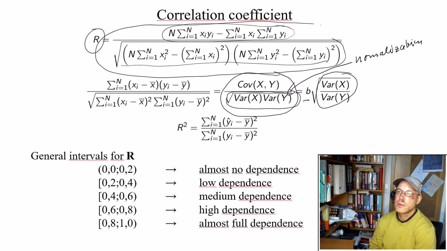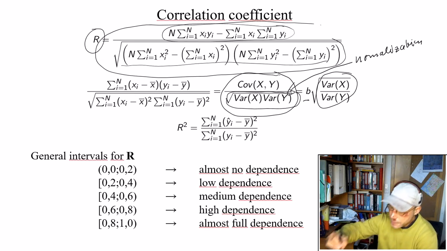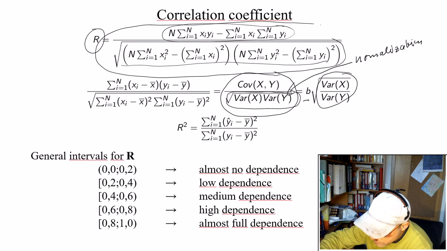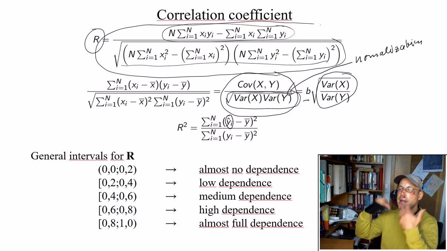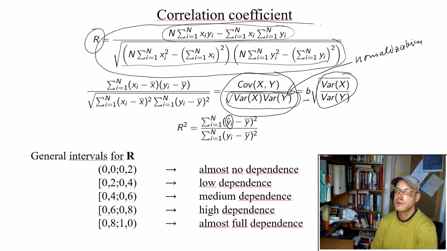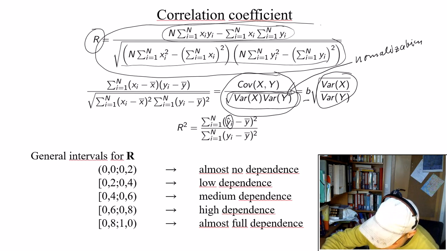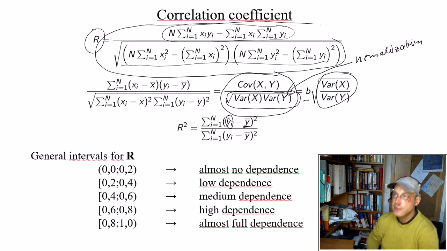And what we can also show is that we obtain this correlation coefficient by taking all the data points lying on our regression line with respect to y bar, over the total variance of y.